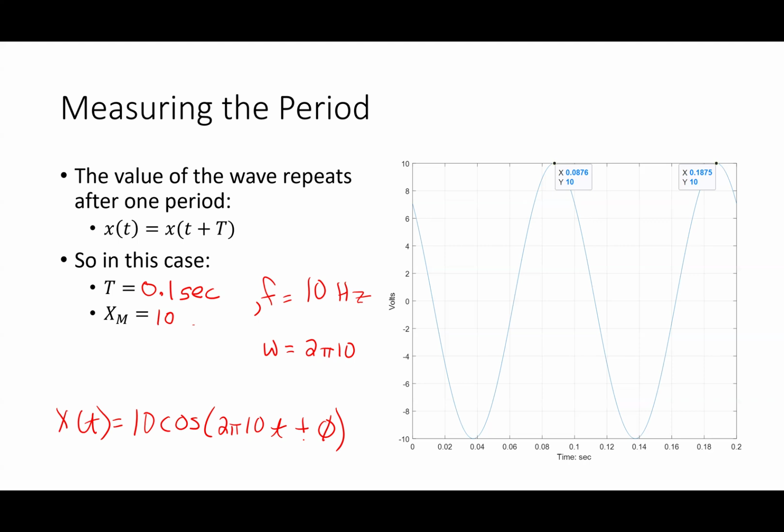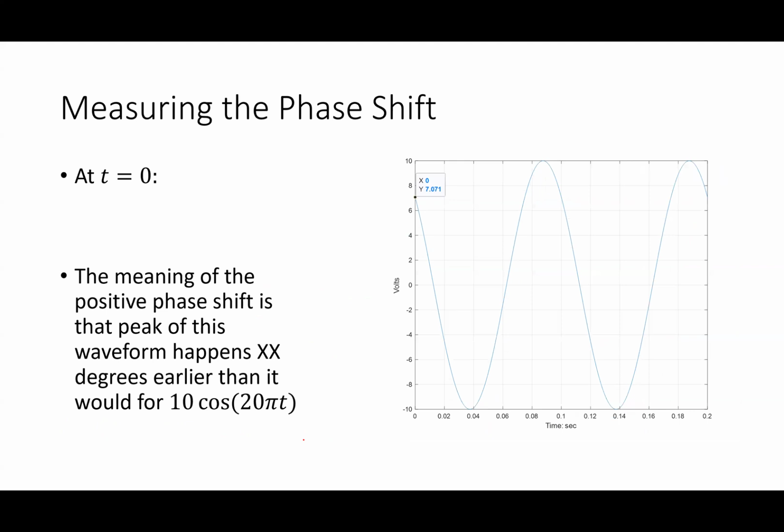What I'm going to do is say, well, at t equal to 0, what's the value of x of t? At t equal to 0, x of t is equal to something. And if I go to the graph, it says it's equal to 7.071. So at that point in time, it's equal to 7.071.